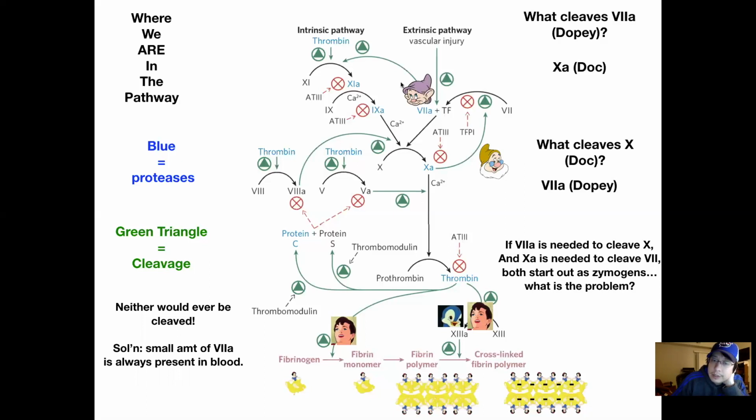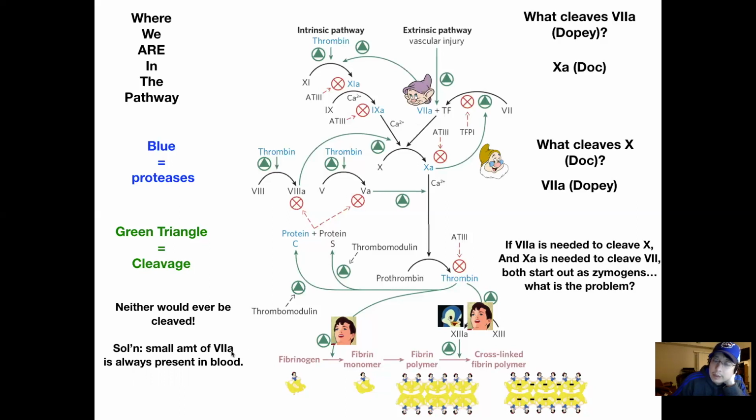So the key here is we brought up a number of interesting dilemmas, even in the first part of the movie. One of them was that neither 7A nor neither of these proteases would ever be cleaved. Perhaps this first protease has some autolytic activity, autolysing of itself.